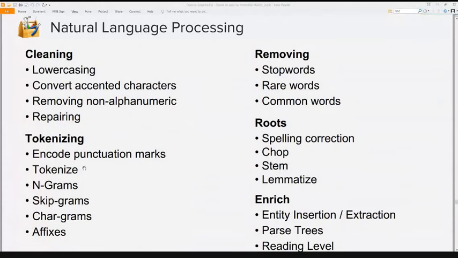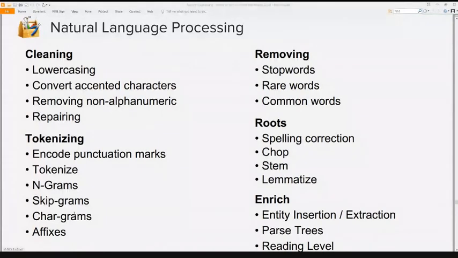Tokenizing is when you change a sentence in a text into a list of words. Each word in the sentence becomes a token. Then N-grams, which group words. If it's 2-grams, it groups words in twos, each group becoming a token.